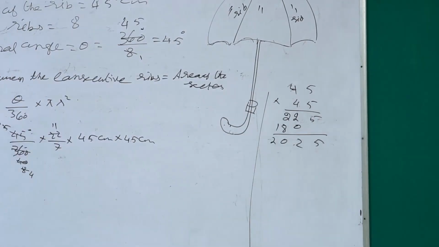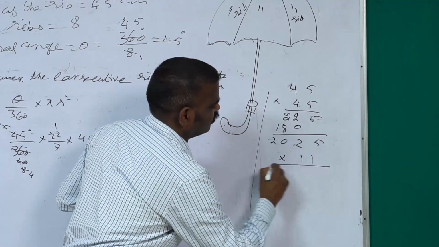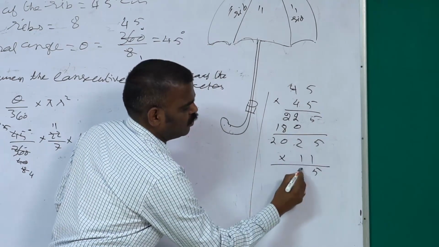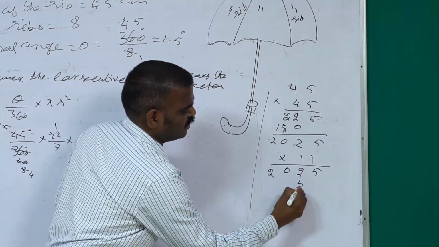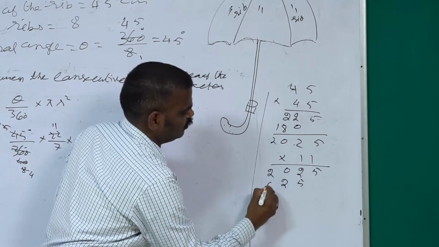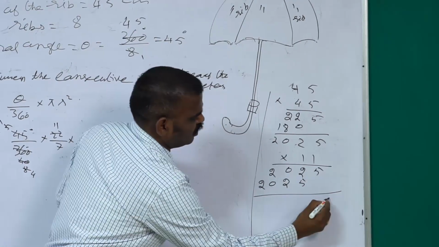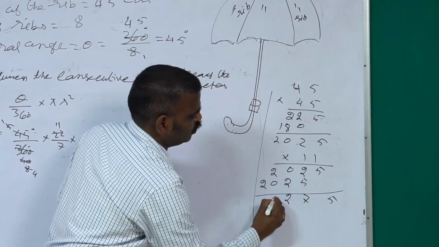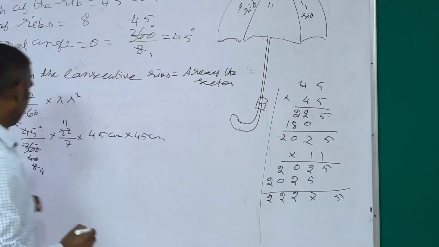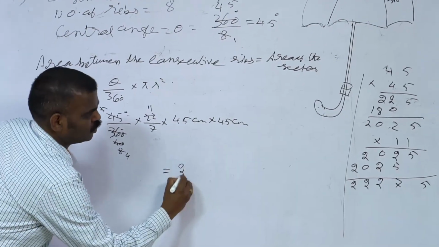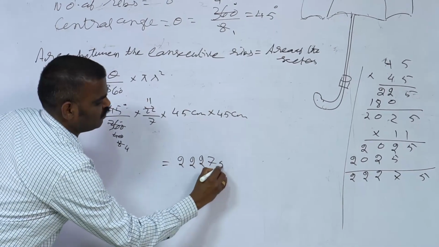But again one more number is there, that is 11. Multiply with 11. 1 into 5, 5. 1 into 2, same number will come. Again same. 22275.